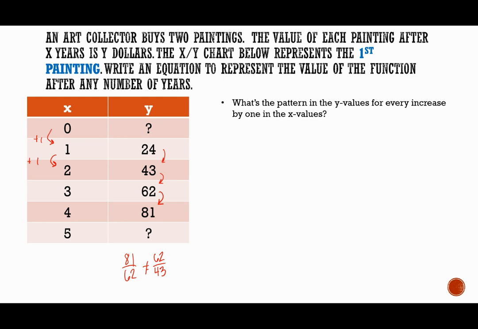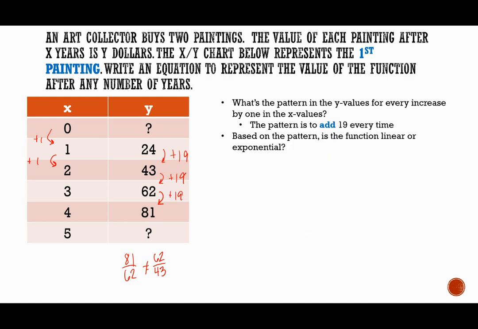You could double check that on your calculators if you don't trust me. So that means I'm not multiplying by the same number every time. So I must be adding or subtracting. Well, I'm not subtracting because my numbers are increasing. So I am adding 19 every single time from one value to the next.